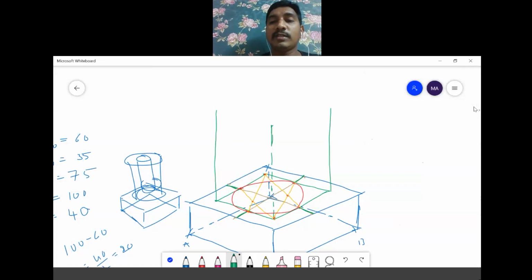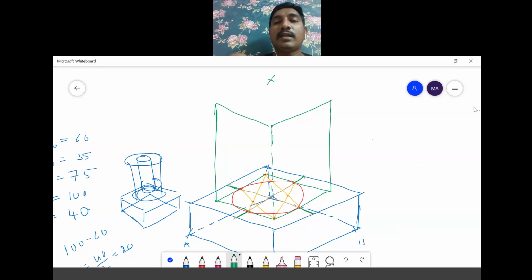So I am joining this line and I am joining this line. Again, I am cutting an arc here with 60 mm. I am cutting another arc here, 60 mm. I am joining these two.